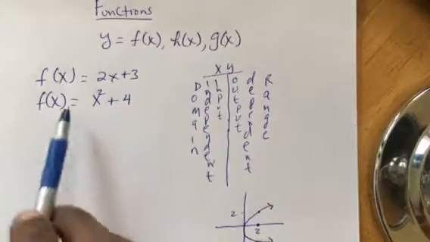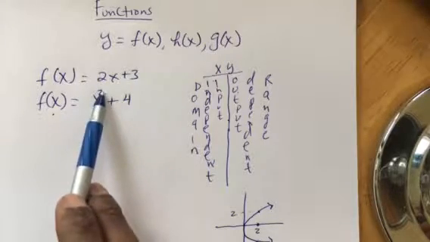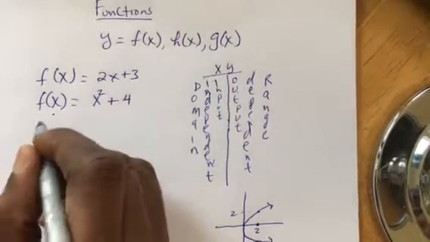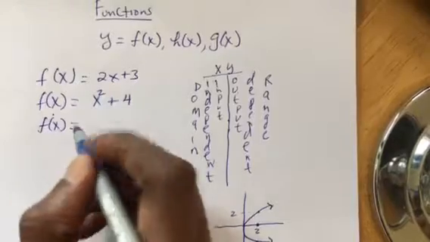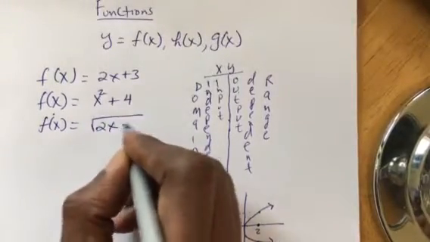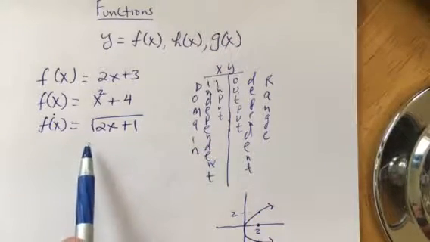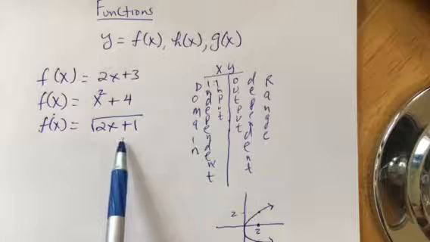This is again a function, but it's nonlinear because the exponent is different. Another example of a function would be square root of 2x plus 1. Again, this is a function, but it's a nonlinear function.